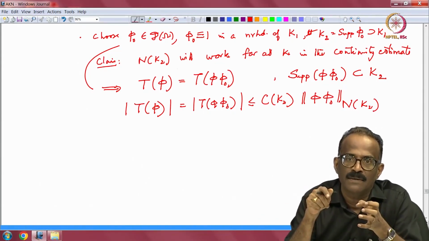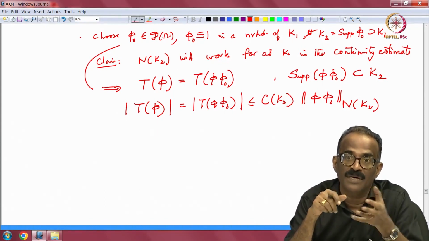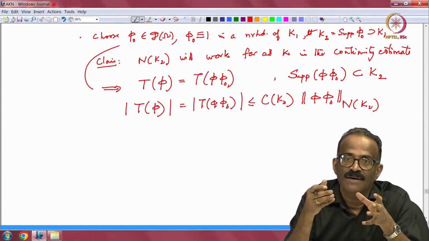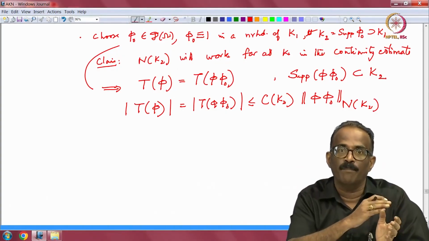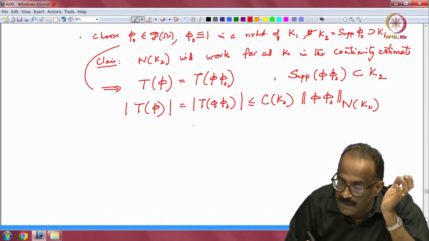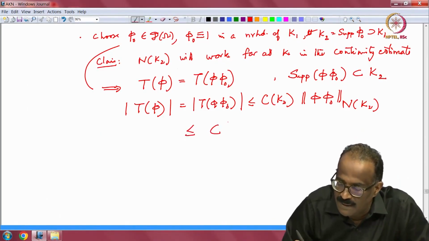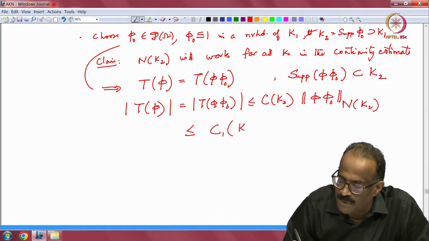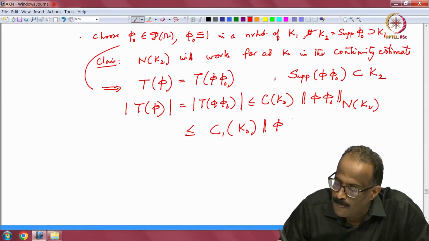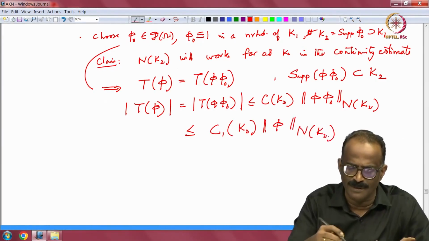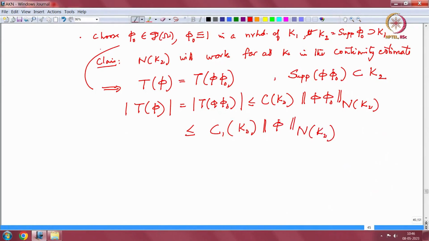You expand it, and D alpha of phi naught can be estimated by a constant. All the derivatives can be estimated in L infinity. So, you can combine that, and this can be estimated by some other constant C that depends only on K2 and phi naught at nK2. So, the proof is actually this one, nothing more than that, and that is what implies T is of finite order.